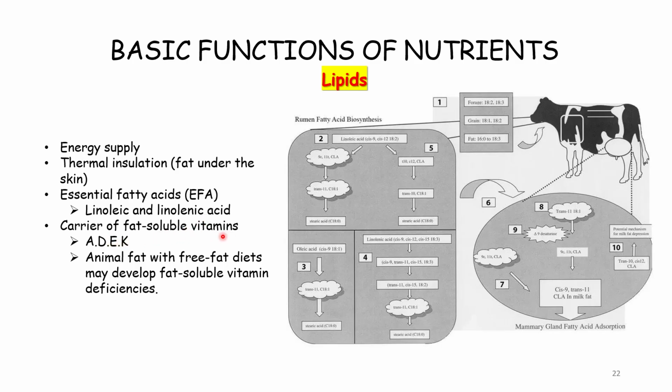As you know, vitamin A, vitamin D, vitamin E, vitamin K stay inside the fat. Without fat, they cannot stay, which is why we call them fat soluble vitamins. Animals fed a fat-free diet may develop fat soluble vitamin deficiencies. If you don't give fat to the animal, it will show deficiency of vitamin A, D, E and K.